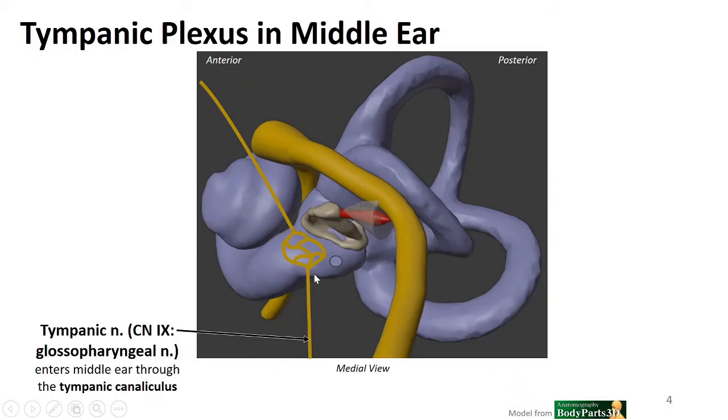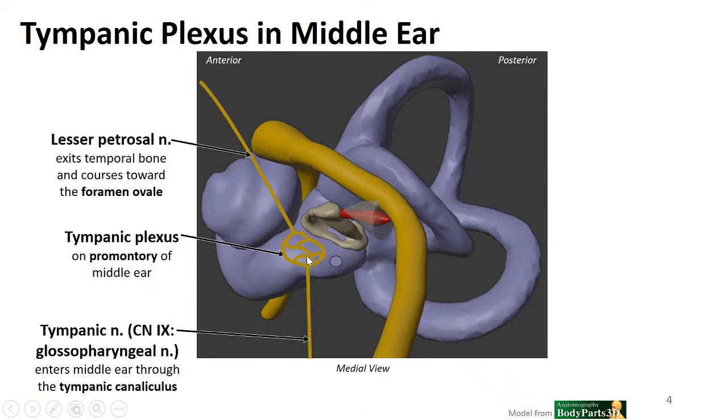So entering into the middle ear is this tympanic nerve coming up through the tympanic canaliculus, then forming the tympanic plexus here on the promontory, and then from there, the lesser petrosal nerve. And this will exit the temporal bone but stay in the cranial cavity, coursing then toward the foramen ovale.